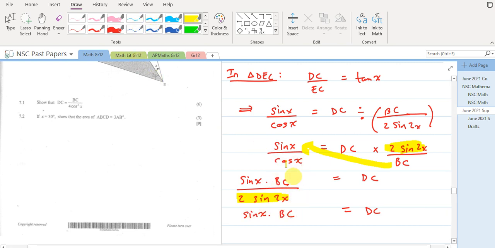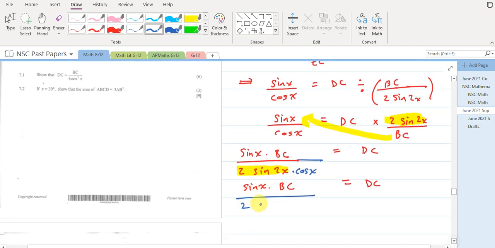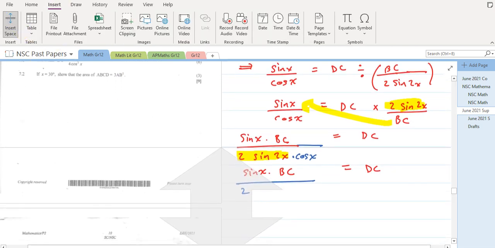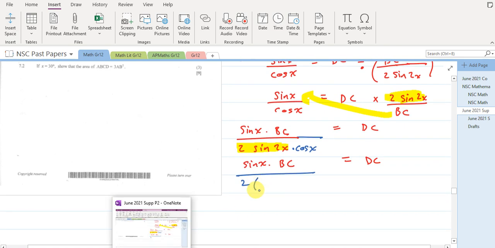Don't forget the cos x in the denominator as well. The cos x needs to be there, right? Cos x times a cos x, then divided by 2. What is sine 2x? We can open that up. Sine 2x is 2 sine x cos x, and then times a further cos x.